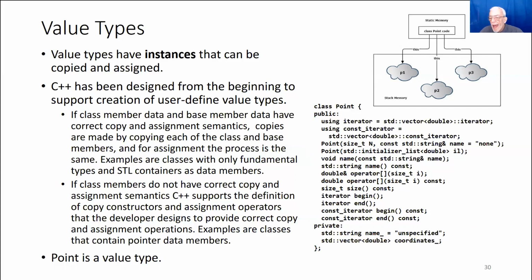If the class had a data member that didn't have correct copy and assignment semantics, for example, a pointer to a collection of data on the heap, then we would need to create a copy constructor, an assignment operator, and a destructor for the class to properly manage that pointer.